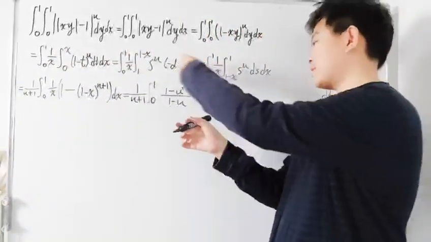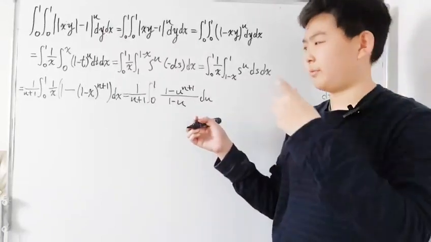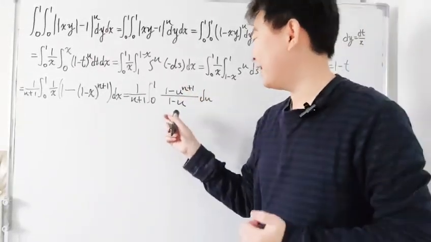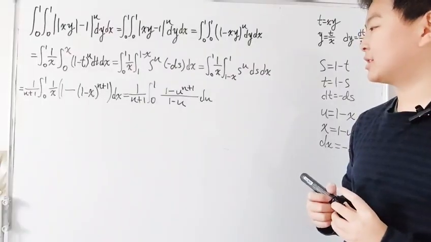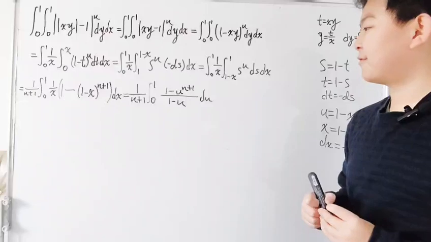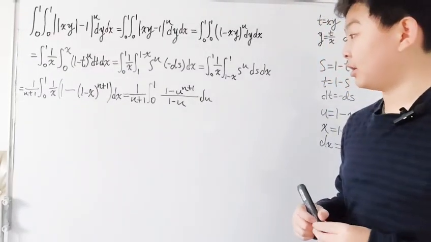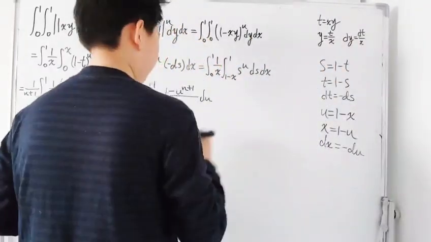Now this next bit is going to be a geometric sum. So this one is going to be a sum from, I think it's 0 to n of u to the k. So I'm going to do that.